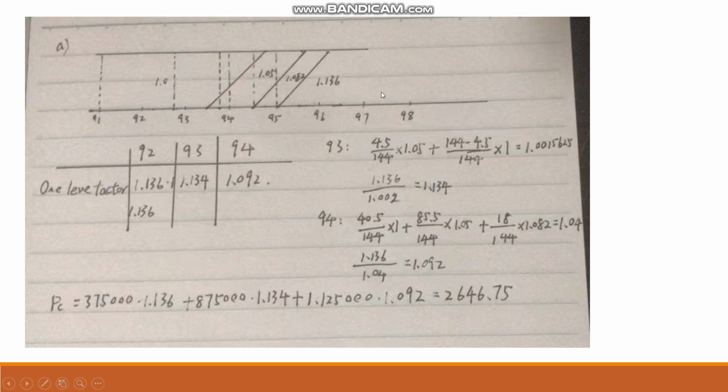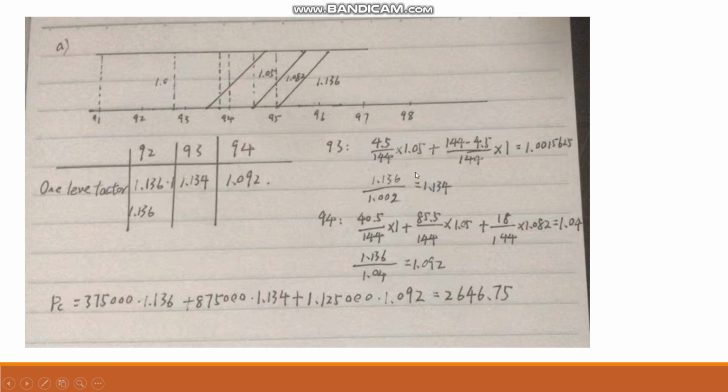So we can get the divided share there and multiply by the rate, which is 1.05, and plus this part. We just simply delete the 4.5 and we get the share of this part.